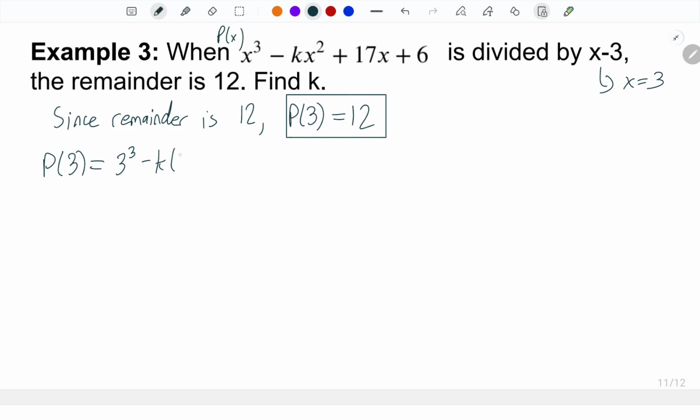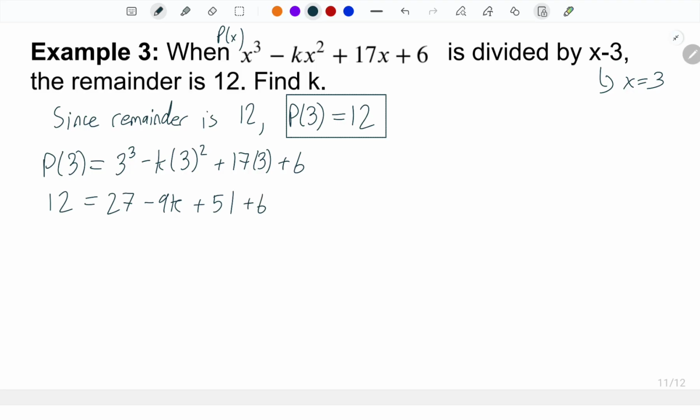Whatever you're dividing by, substitute that in. And what we know this time is that the left side, p of 3, must be equal to 12. So we get 27 minus 9k plus 17 times 3, which is 51, plus 6.